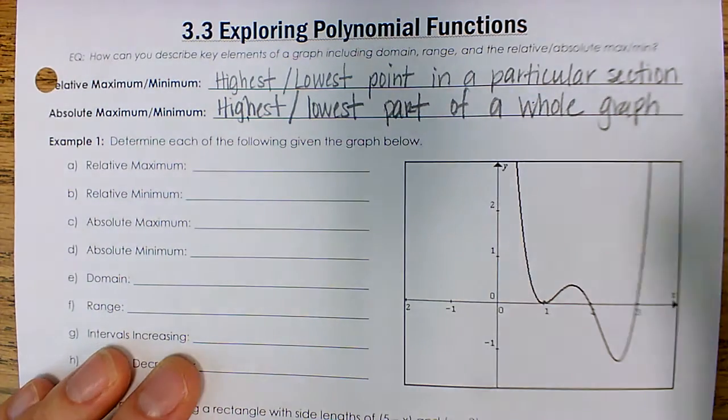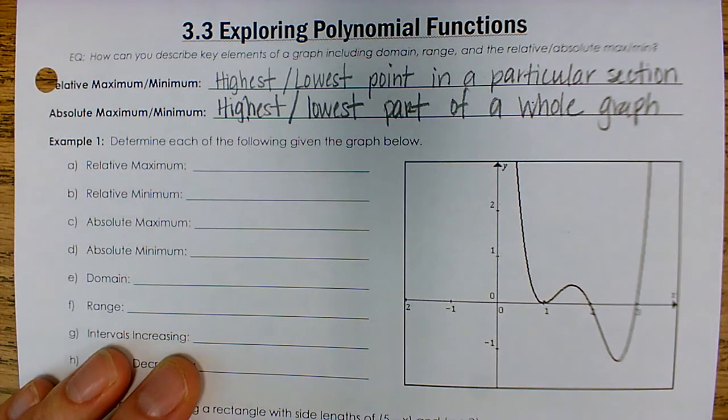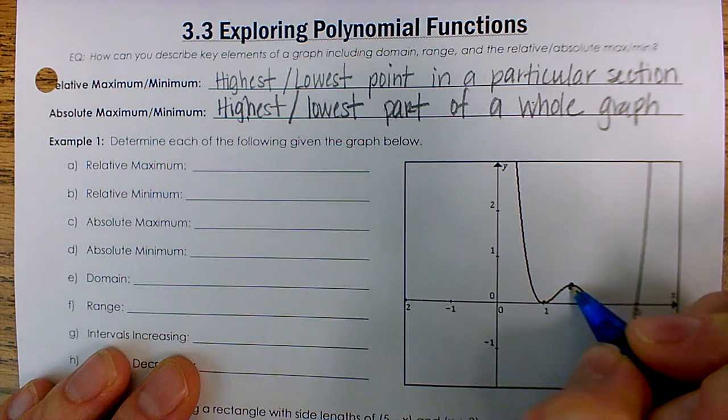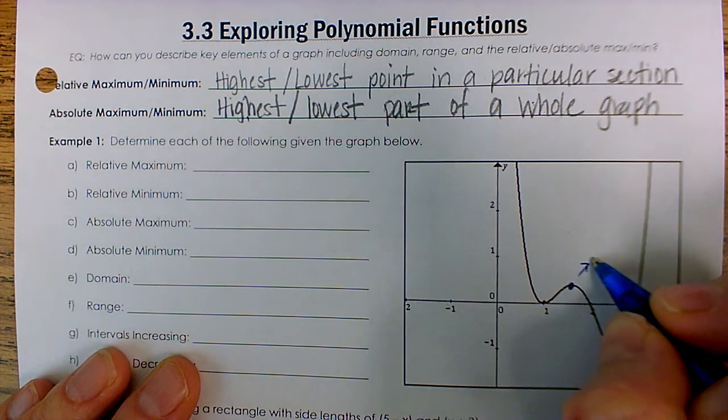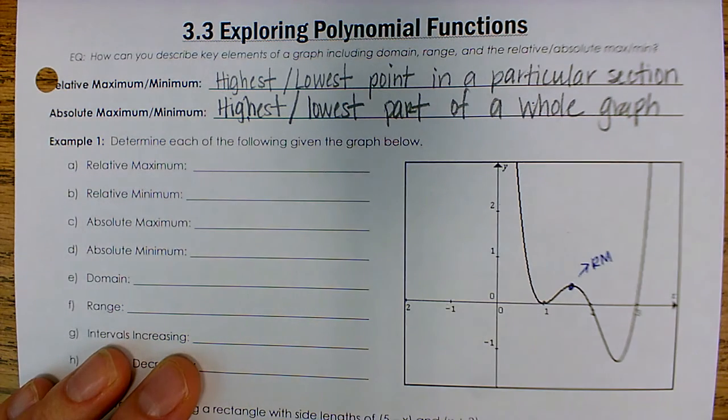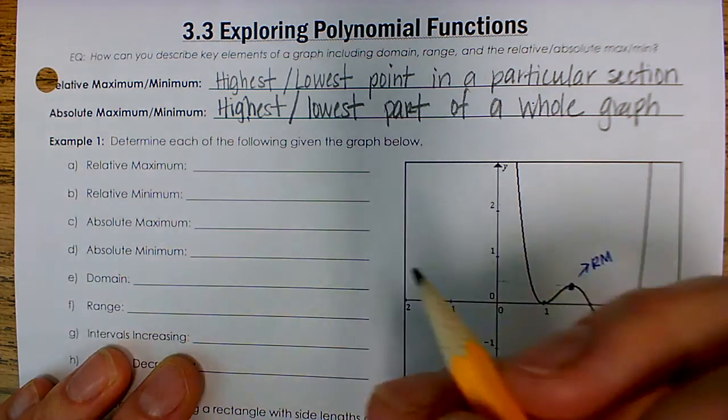Okay, so looking at a relative maximum. If looking at this window, relative is what you can see. So the highest point that we can see that actually makes a high point would be right here. So this is our relative maximum. That's the highest point that we can see. In this case, we're going to say that's at about a half, right?